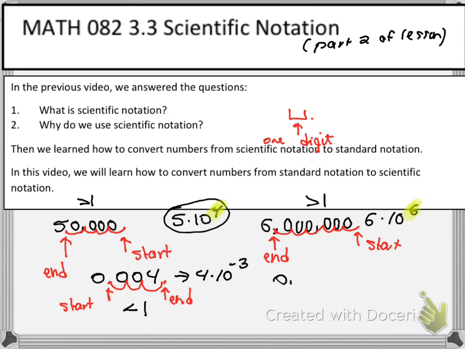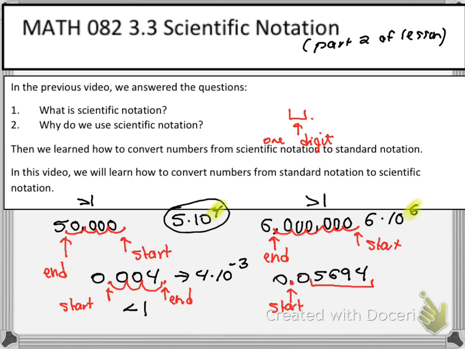Let's do one more example. Let's take the number 0.05694. Let's try writing this as a number in scientific notation. Okay, so my decimal point is starting here, and it has to end up where? Well, if I put it here, that means that there would be 4 digits in front of the decimal point.